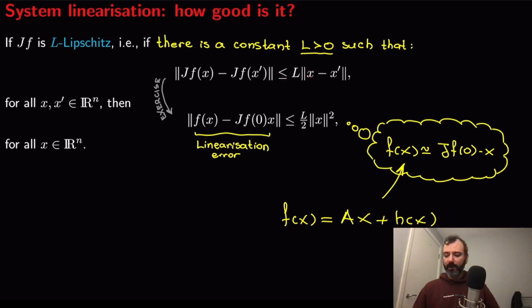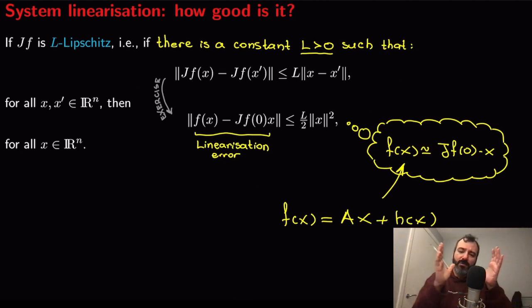It is less than or equal to a number L times the norm of x minus x prime. This is often the case, not always, but it's often the case. And it simply says that the distance between Jacobians at x and x prime is controlled from above by the distance between x and x prime.